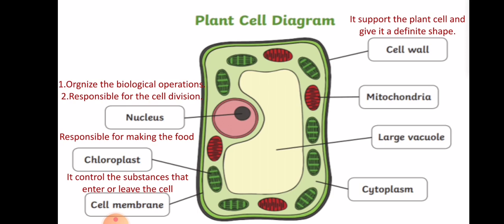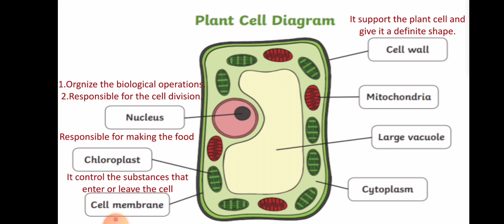The chloroplast is responsible for making food because it is the part in the plant which absorbs sunlight. We know that plants make their own food by the photosynthesis process. So the specific part responsible for absorbing sunlight and making food for the plant is the chloroplast, which has another name, green plastid.